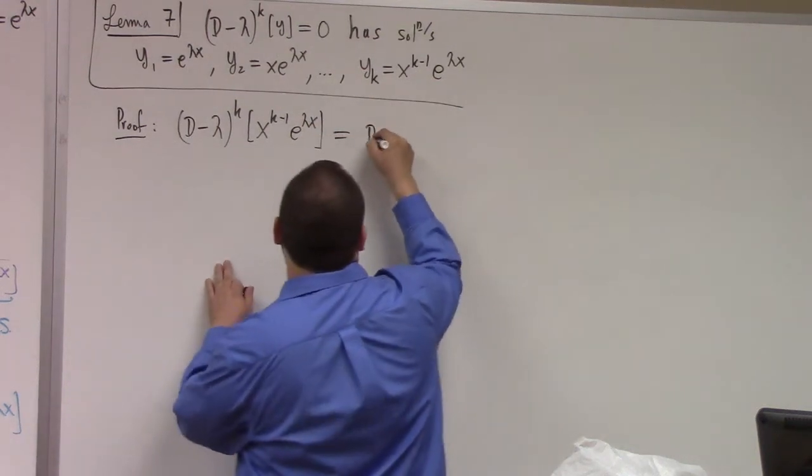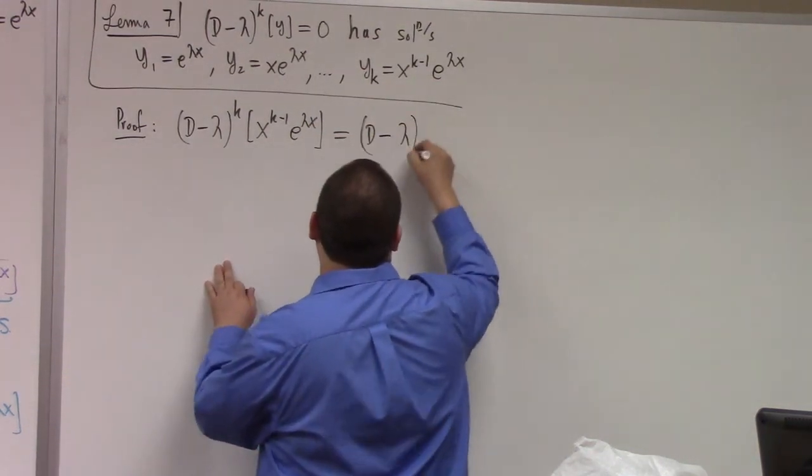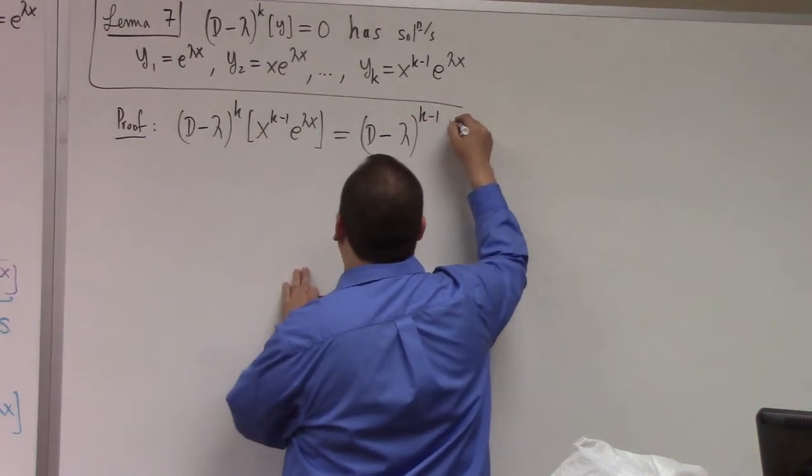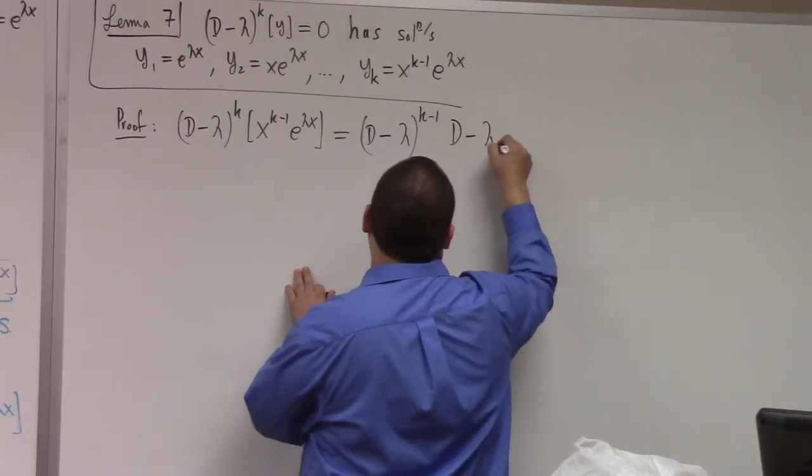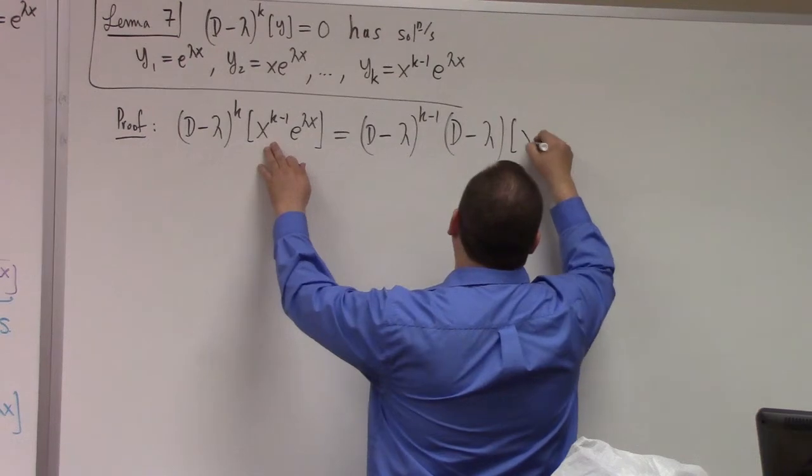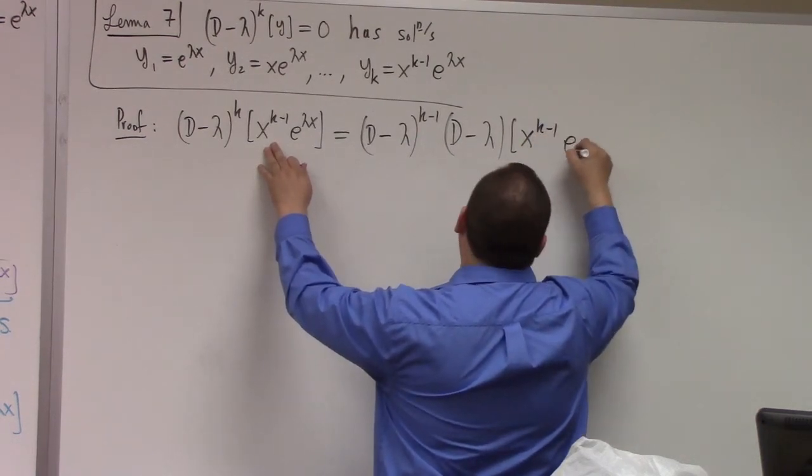So what's that going to be? That's going to be d minus lambda to the k minus 1, and then d minus lambda acting on this thing. How's that work out?